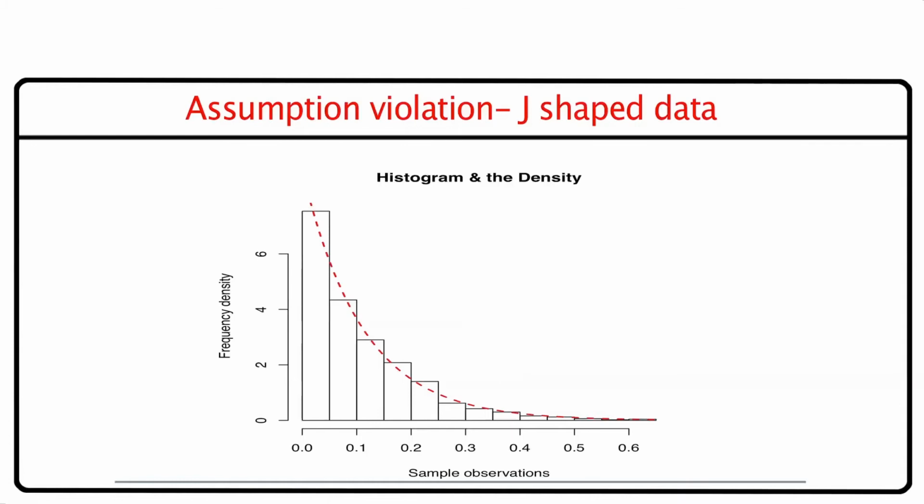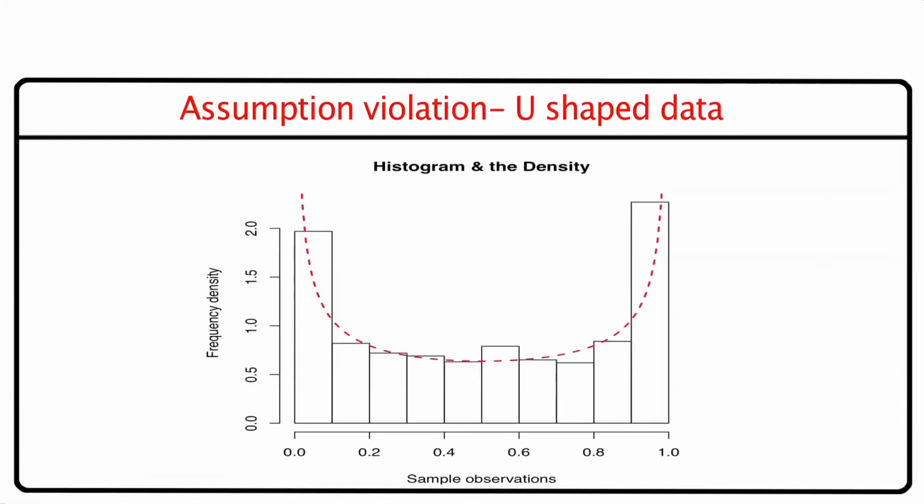There may also be U-shaped data, which, though symmetric, is not bell-shaped, and therefore we can't use the normal distribution and normal-based tests such as the t-test and Z-test.